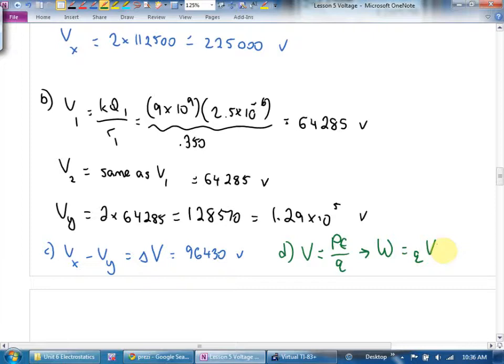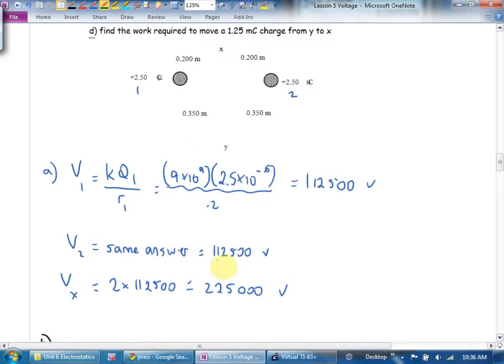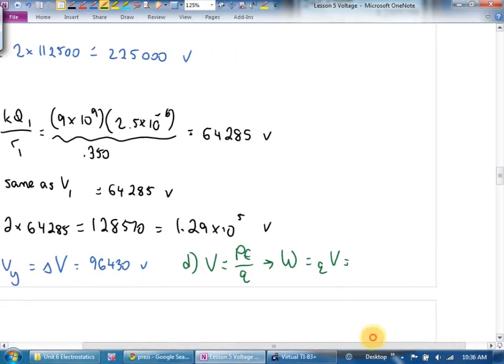What voltage did we move through? 96,430 volts is what we're traveling through. What charge are we moving? I've scrolled down. 1.25 milli, 10 to the negative 3, I believe. This is going to be 1.25 times 10 to the negative 3 times, I'm running out of room here.